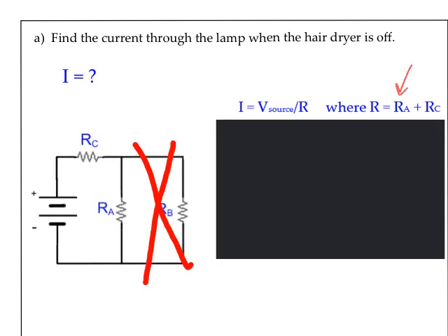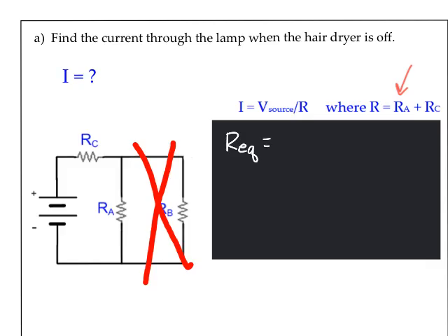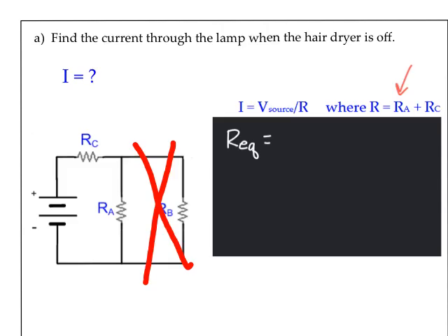And that's what I've indicated right here. So first, I would find that equivalent resistance of those two in series. I'm simply going to add 125 ohms plus 1.5 ohms, and that's going to give me 126.5 ohms as my equivalent.